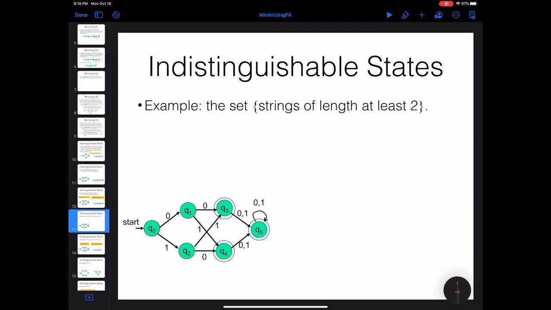And after you merge them, you can also merge them with Q5, right? So basically all these three can be combined together. And after you combine them, you can also merge the two states Q1 and Q2 as well.